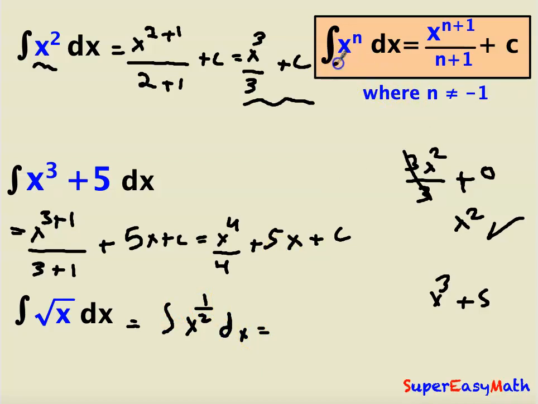Now we get this form, we can apply the rule, so it's x to power half plus 1 divided by 1 over 2 plus 1.